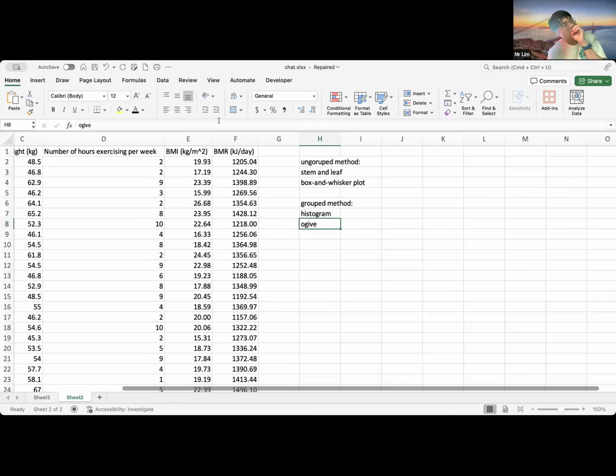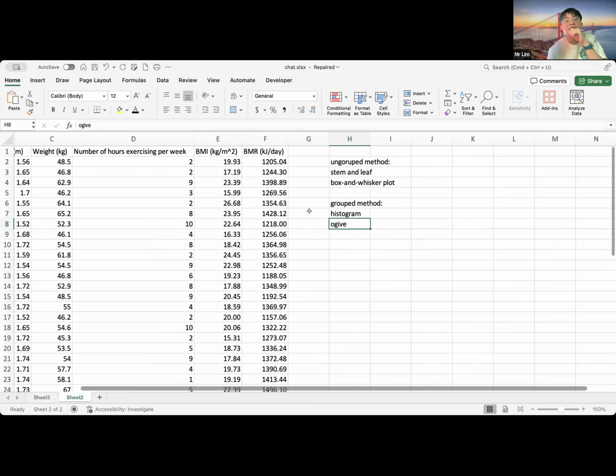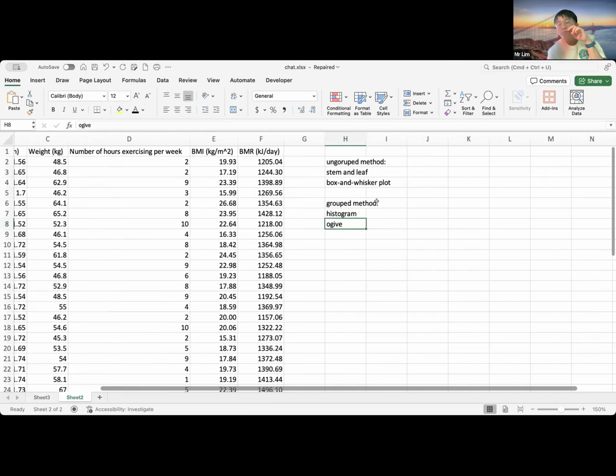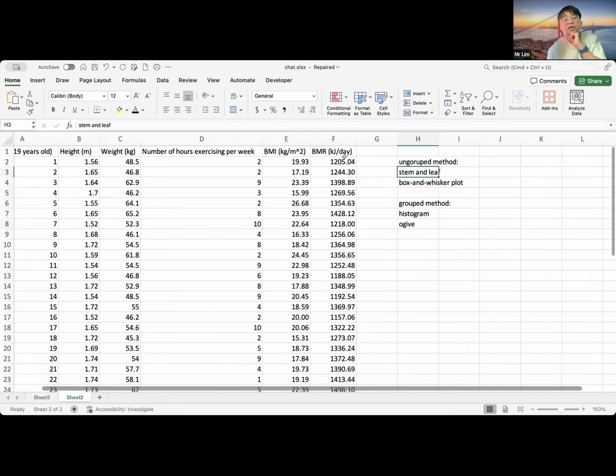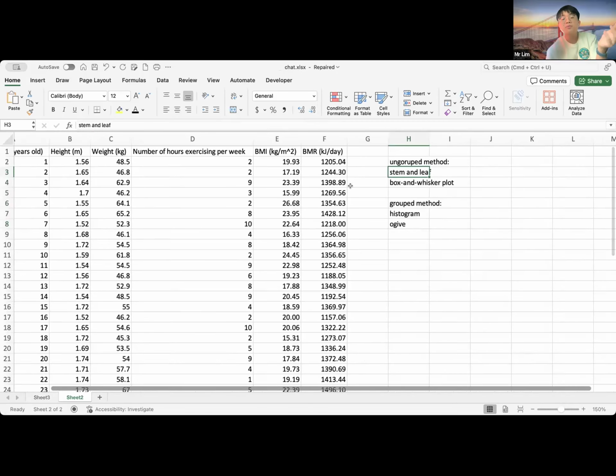But it doesn't mean it cannot be used. Theoretically everything can be used, but maybe you can add one line to explain why you think this method of graph is nice, what the reason is, why it is suitable. I would say every one of these four is okay. You choose, or for different data, you choose different methods. It's up to you.